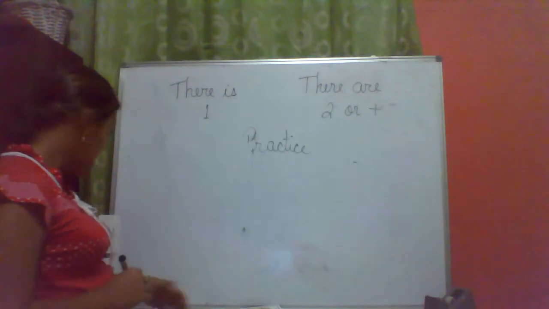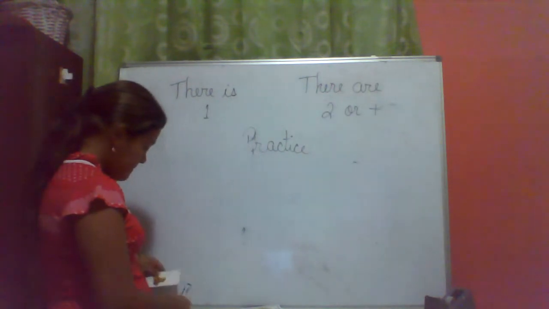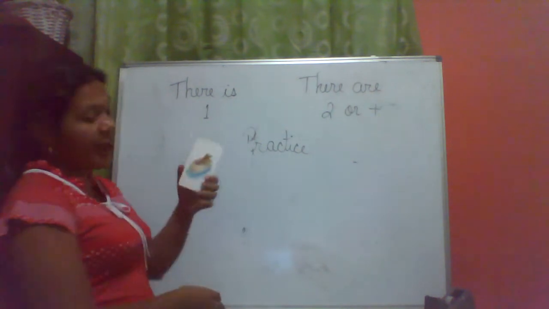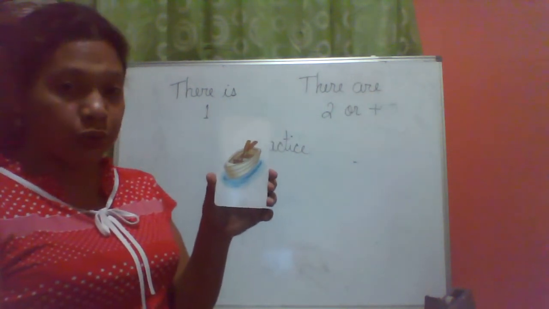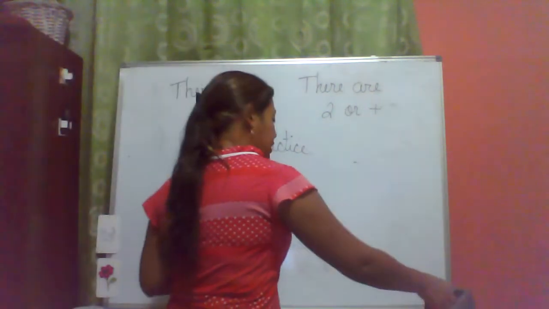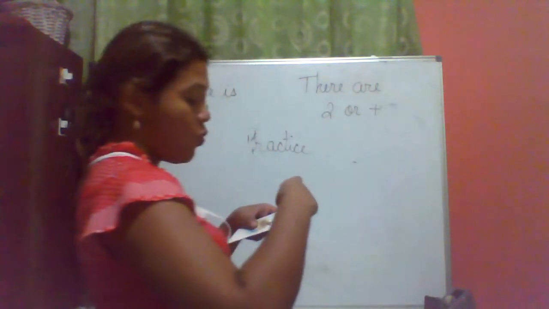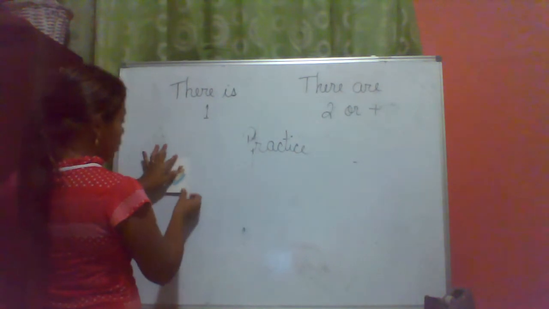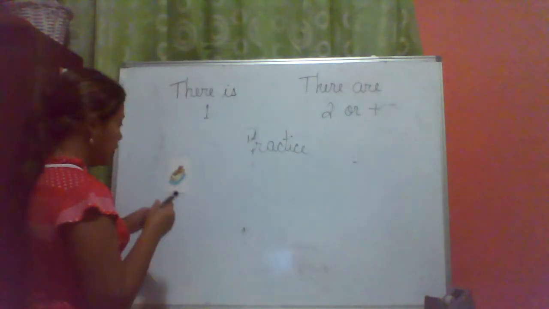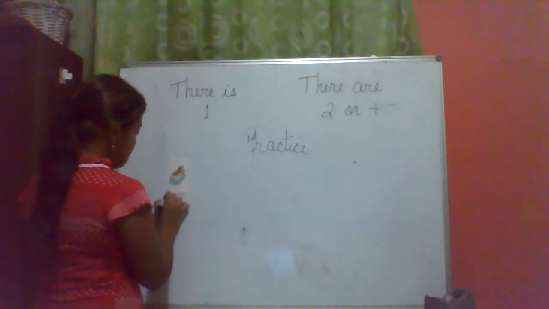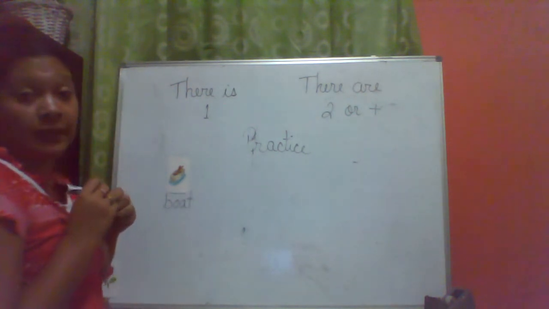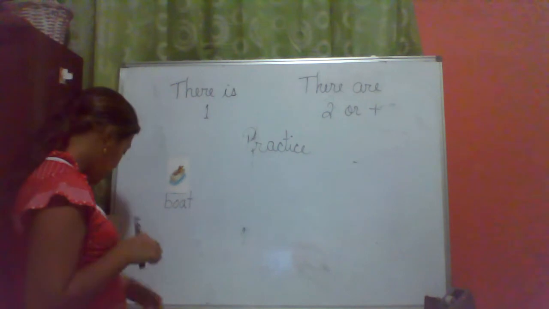Okay? Here I have a boat. Okay? I need you to write one sentence with boat. Here is the name, I'm going to write the word boat. Okay? Boat.